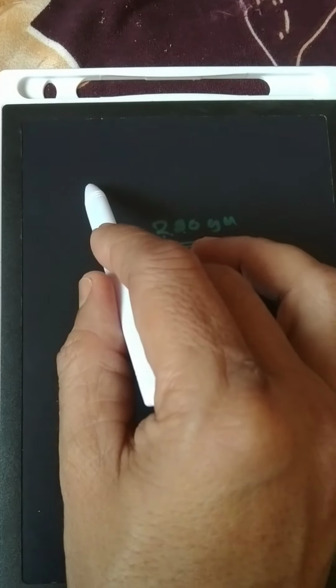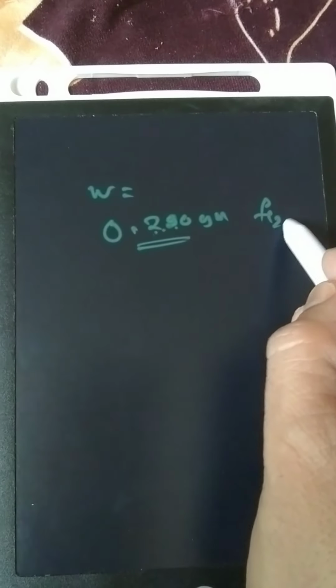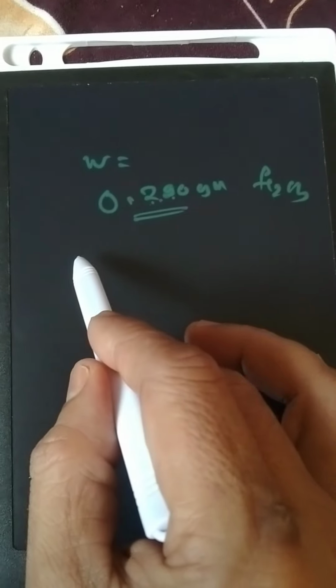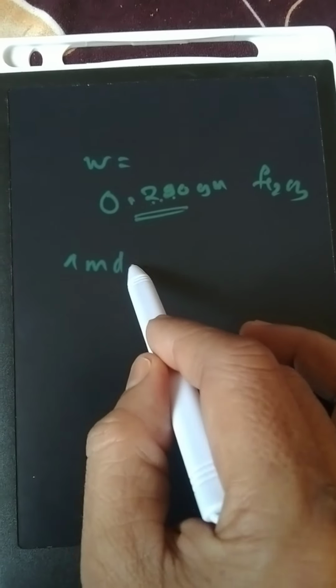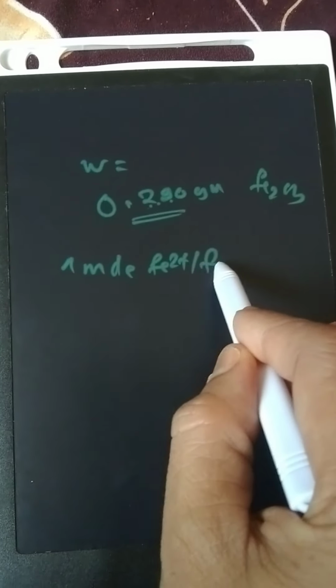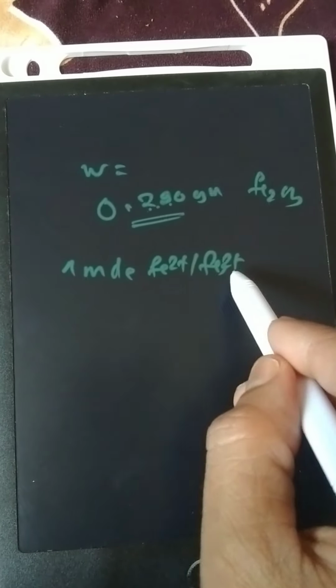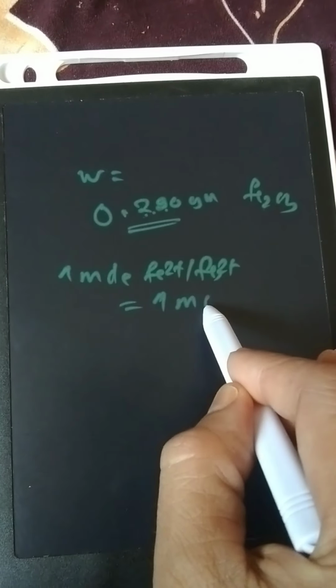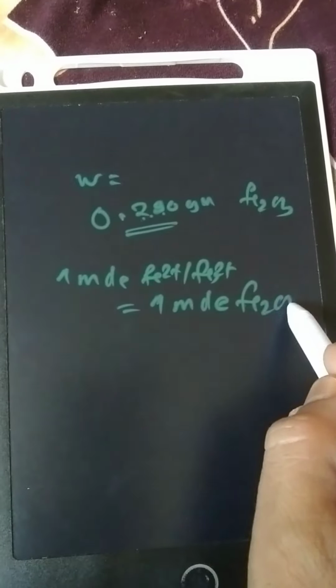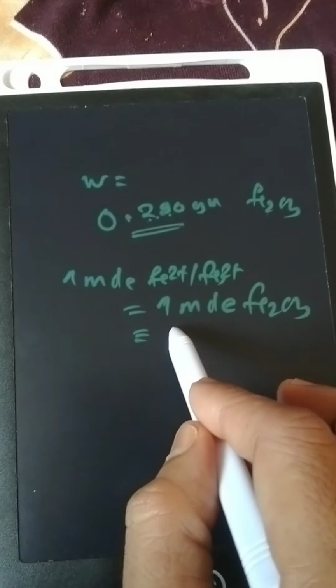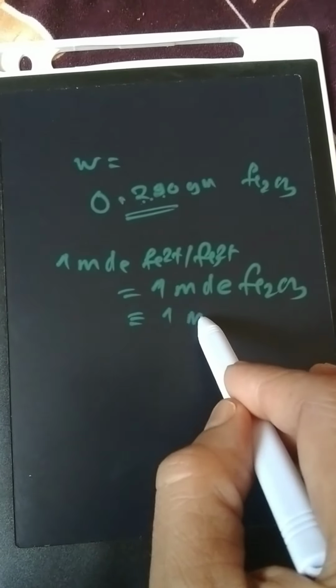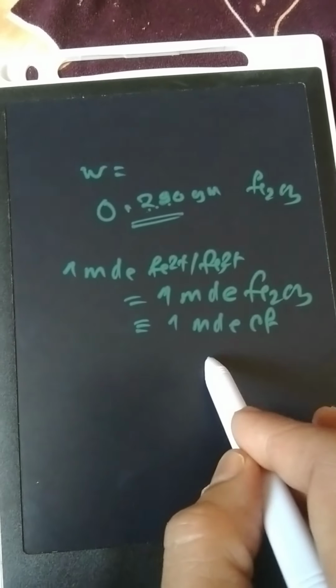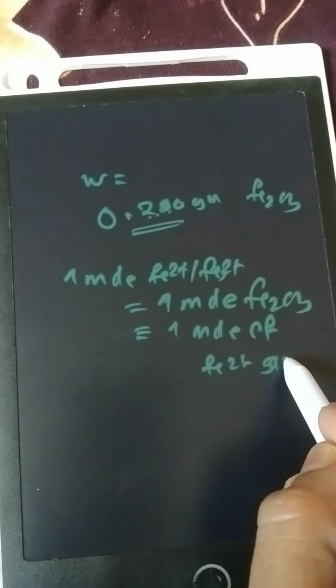That type of W weight is obtained for the Fe2O3 residue, and there is a relation that 1 mole of Fe2+ or Fe3+ converted contains 1 mole of Fe2O3, which corresponds to 1 mole of the given form of Fe2+ in the sample.